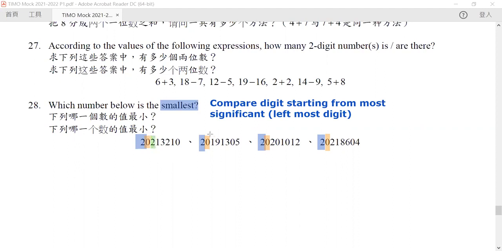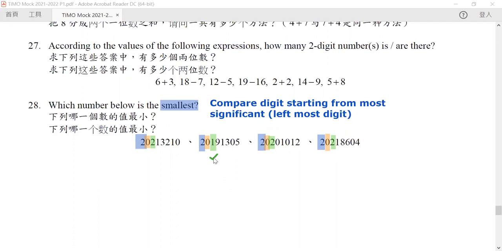And then we compare our next digit: 2, 1, 2, and 2. Now in here, we know which one is smallest, because all of these are 2, but only this one is 1.